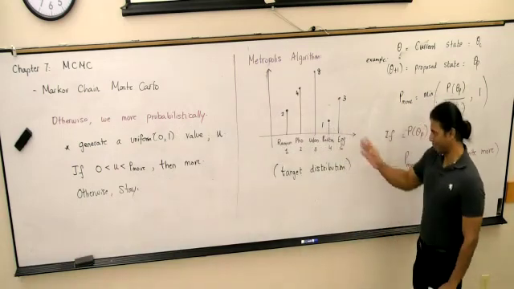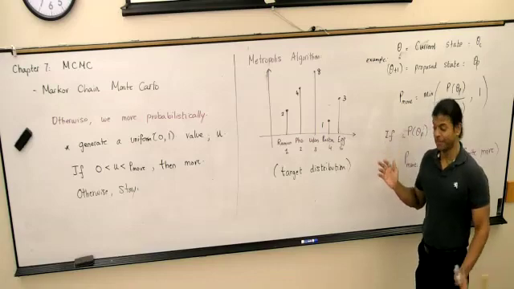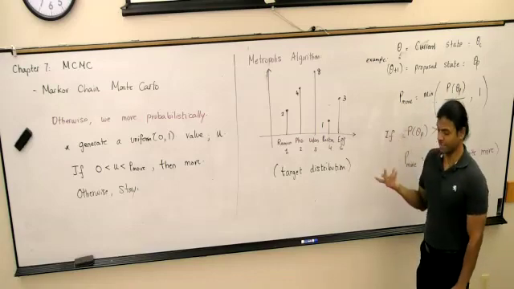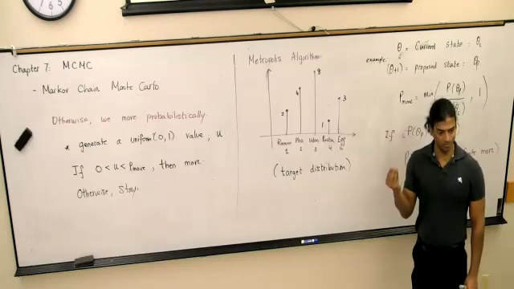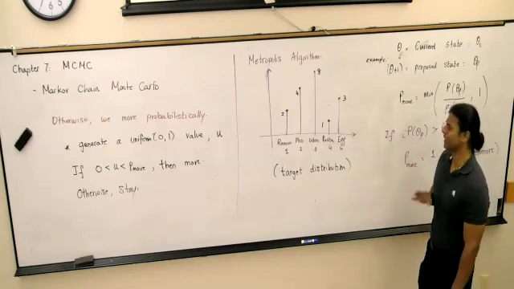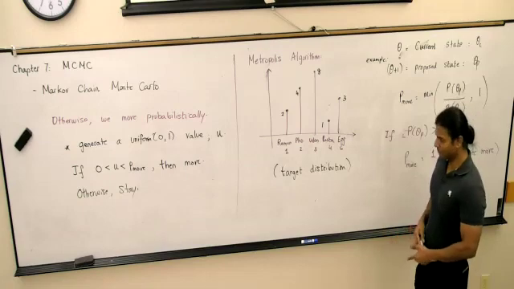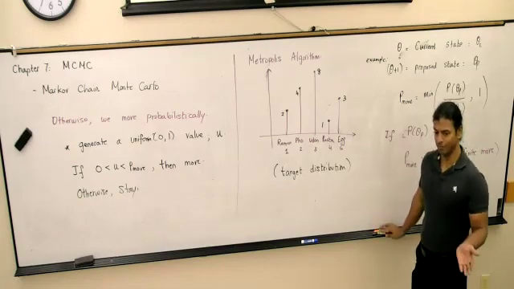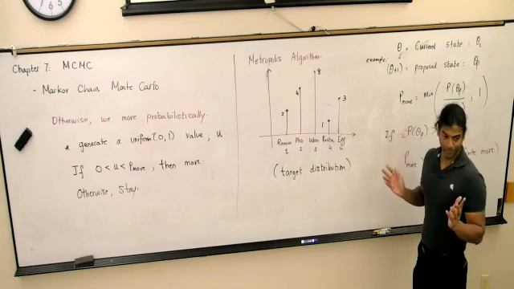Now, we can propose things uniformly if we have to, but later on, when we do a continuous version, we need to use distributions such as normal, because we need continuous values. So this process is also called a random walk, or a drunkard's walk.